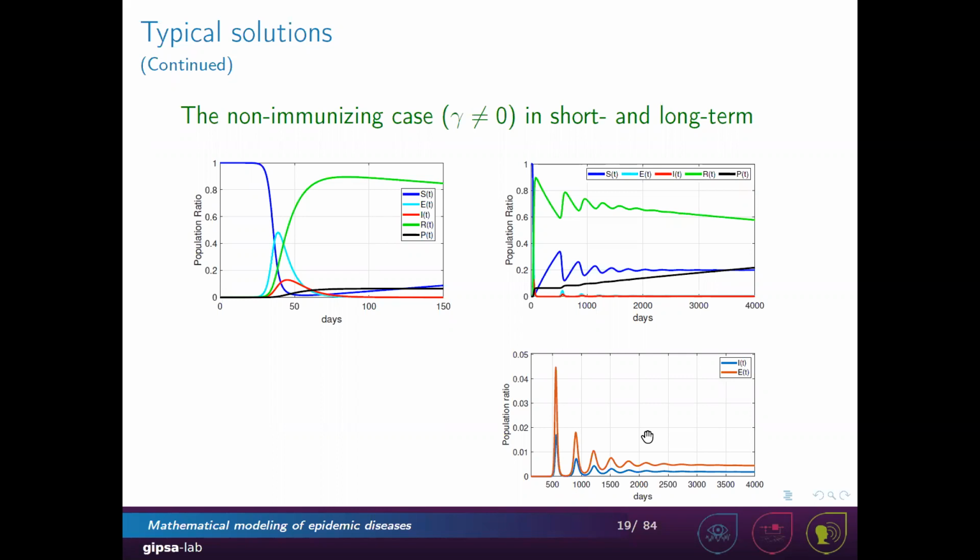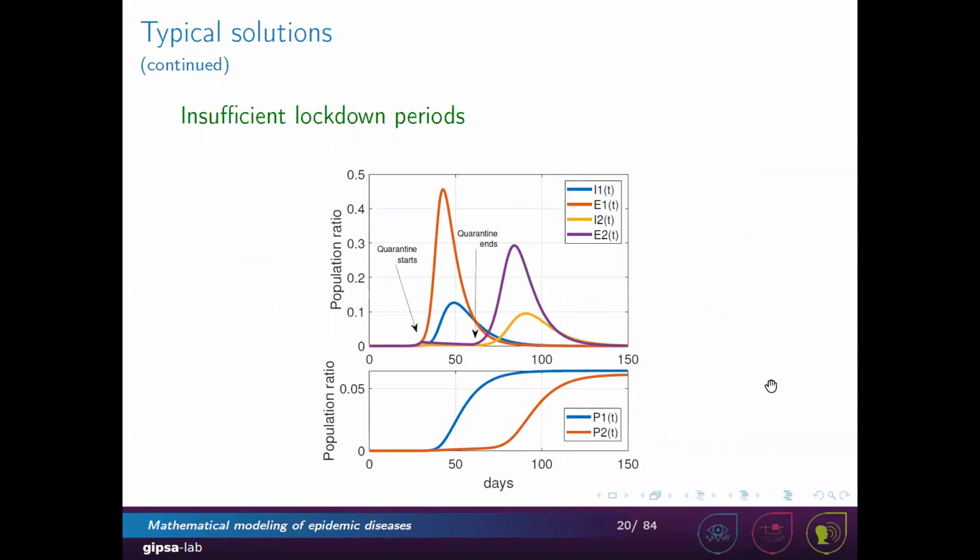This is not just something observed by simulation. It's already happened in the well-known Spanish flu in 1918, which is well known to have had 3 waves of epidemics repeated in a period of time.